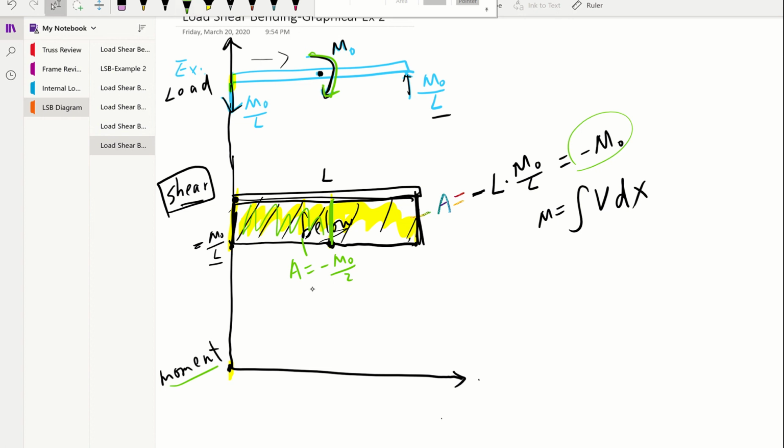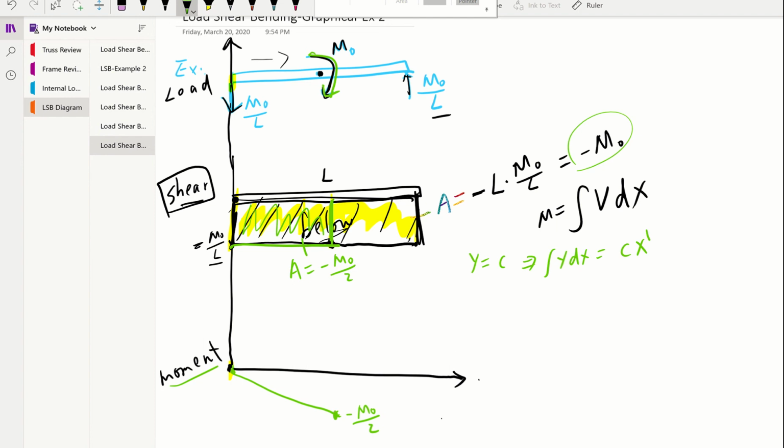So we start at 0 when you integrate, which means we add this negative area, negative M naught over 2, getting to this point. And how do we connect those two dots? A linear line. If this is a straight line, which means y is equal to a constant, then when you integrate it, that will give us a power of 1. So that's a linear line.